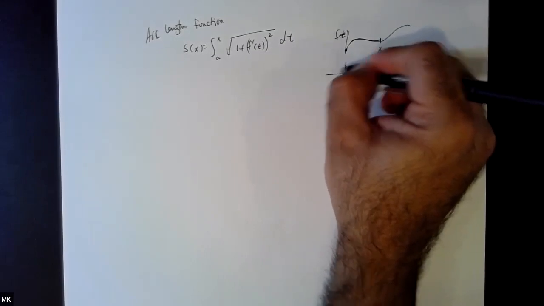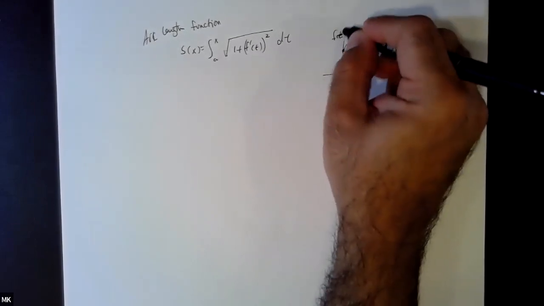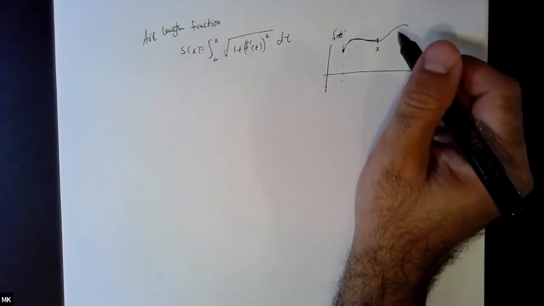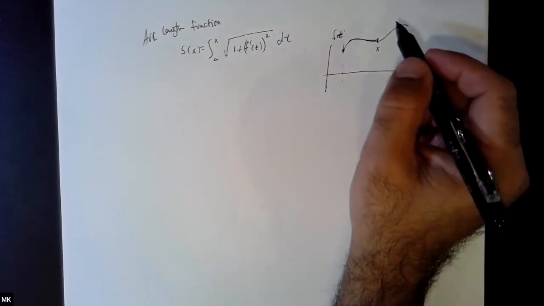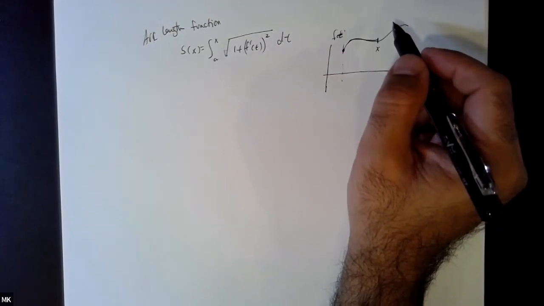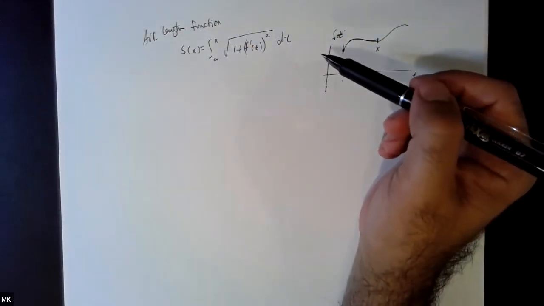Your f-axis will not necessarily be here. And it's always positive, of course, as long as your x is bigger than your a.